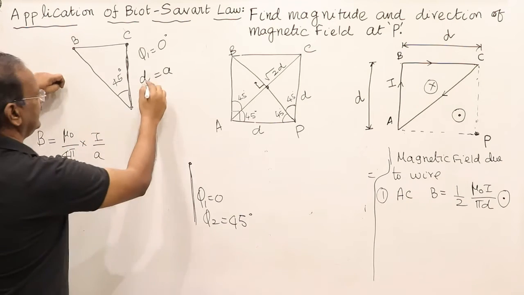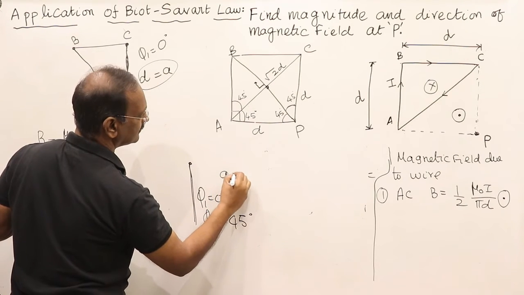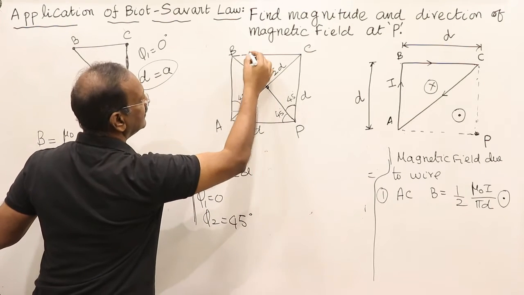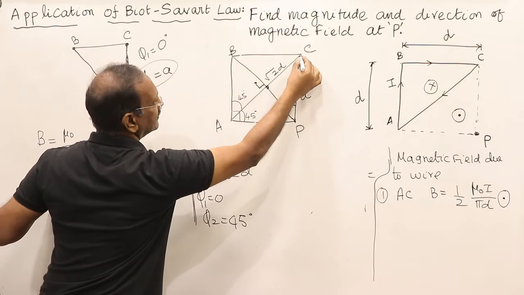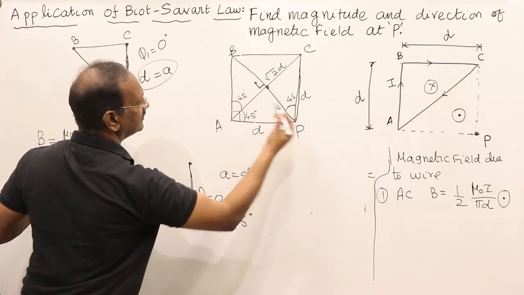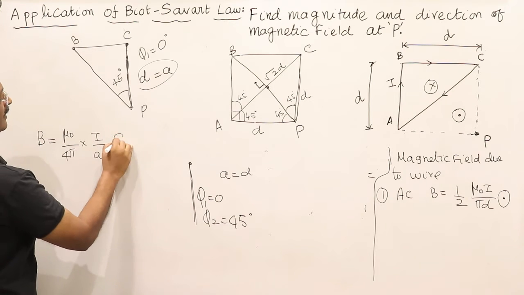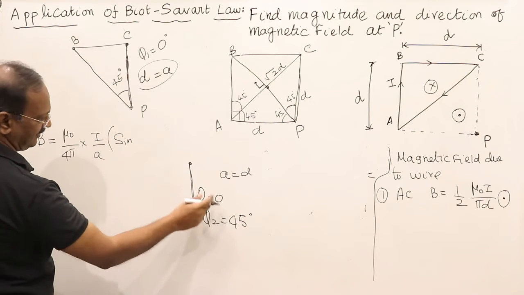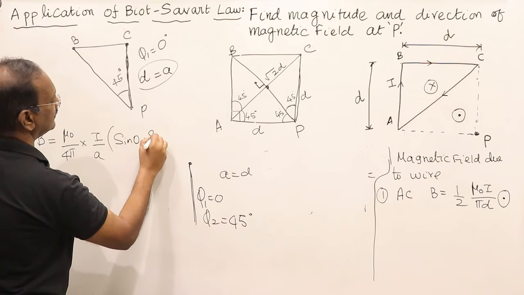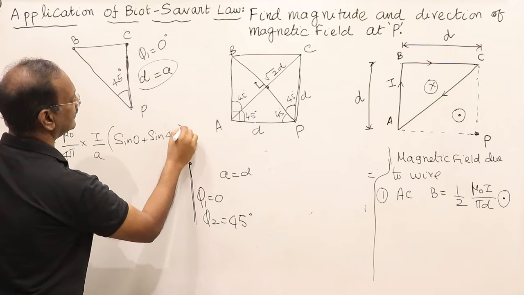What is A? Here A is equal to D, because this is the perpendicular distance with respect to this segment, which is equal to D. A is equal to D into sin phi 1, phi 1 is equal to sin of 0, plus sin of phi 2 is equal to 45.